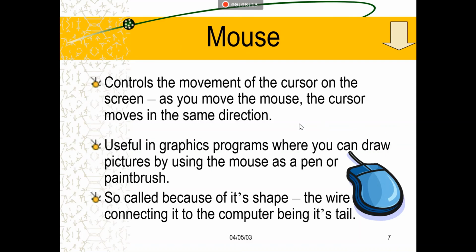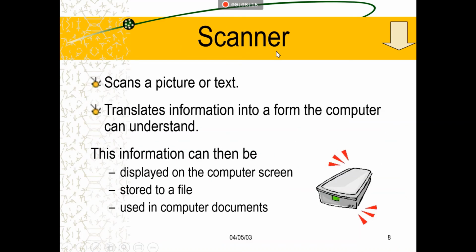Now let us discuss the scanner. What does a scanner do? A scanner scans a picture or text and translates the information into a form the computer can understand. The information can then be displayed on the computer screen, stored to a file, or used in computer documents.